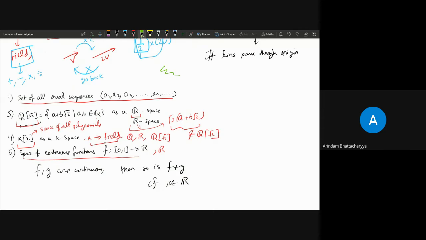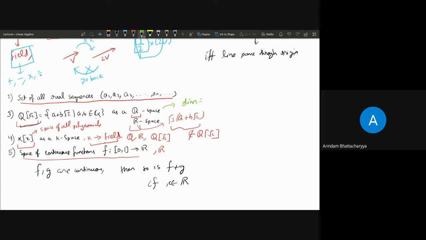All right. So, what is the dimension of this? One. Is it one? Infinite. So, you can see the question, right?